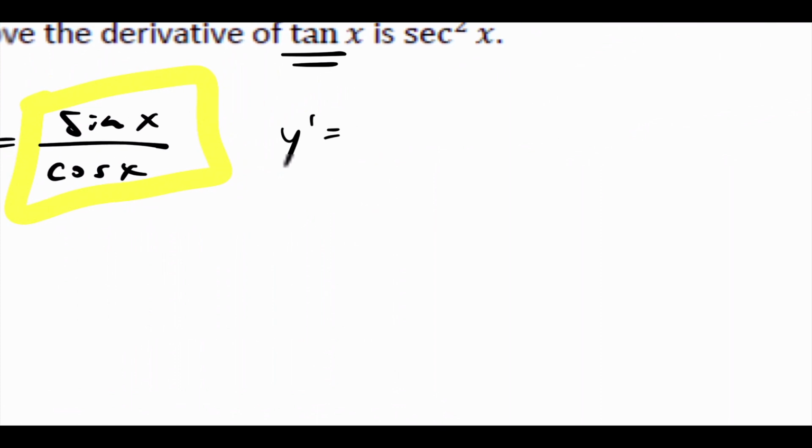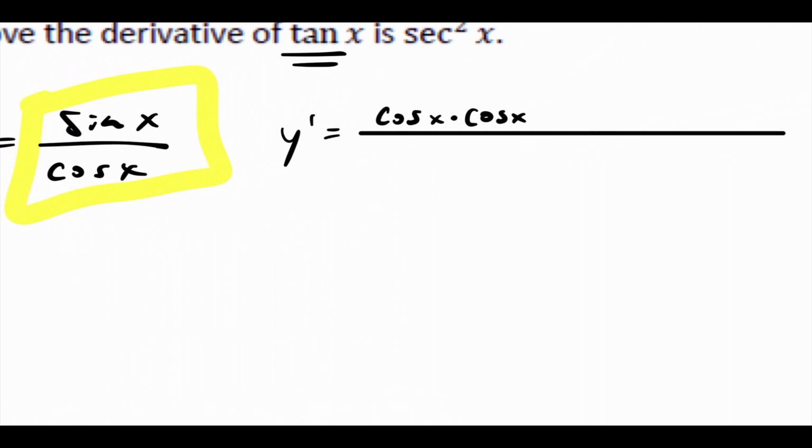All right, so the quotient rule says, let's write this out. Low. So what is the low? Cosine. So I'm going to rewrite cosine of x times the derivative of the high. What is the derivative of sine? Cosine. We just learned that, right? Minus the high.